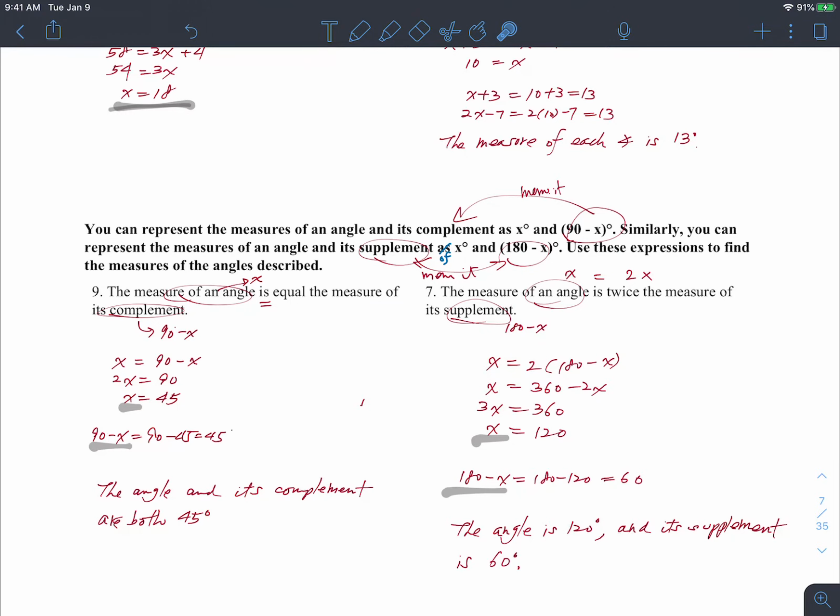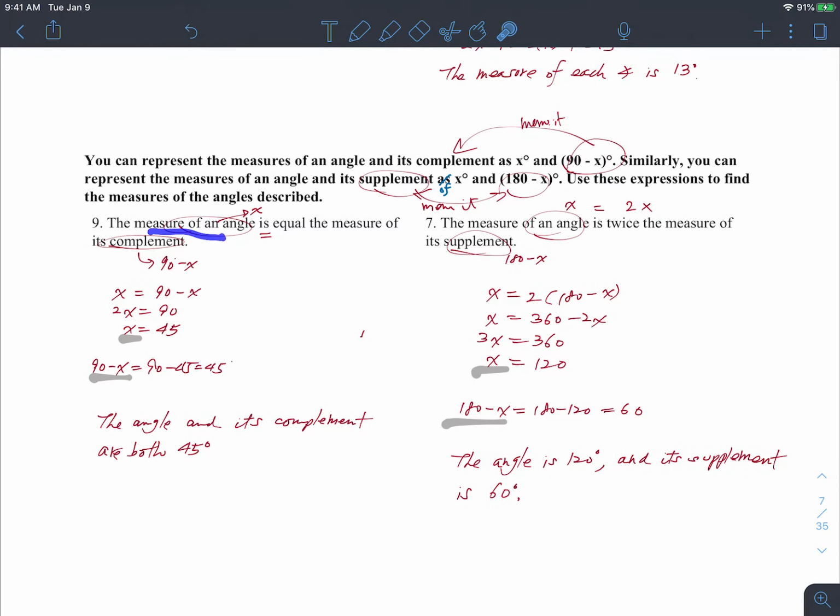So we should know that. So the measure of the angle is x. So x is equal to the measure of its complement. So the complement is 90 minus x. When you solve for that, x is 45. Plug it back into 90 minus x, which is 45, and they both add up to 90. Yep, they're complements. So 45s are complements of each other.